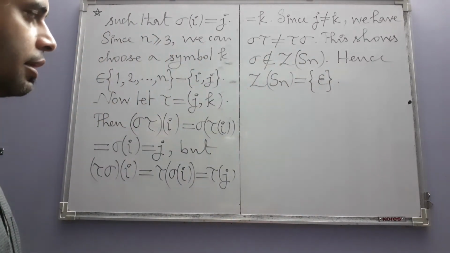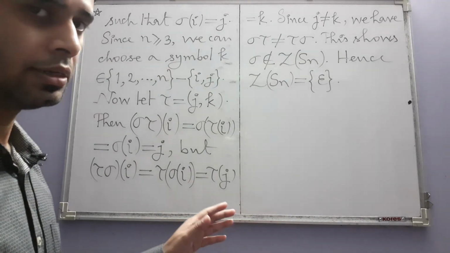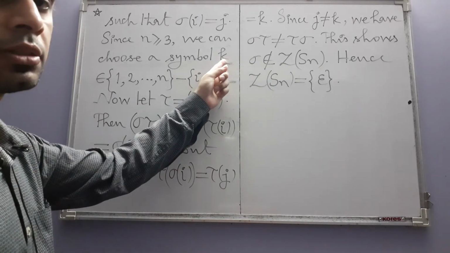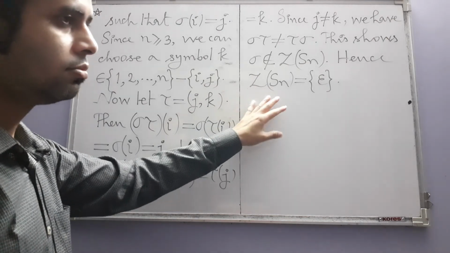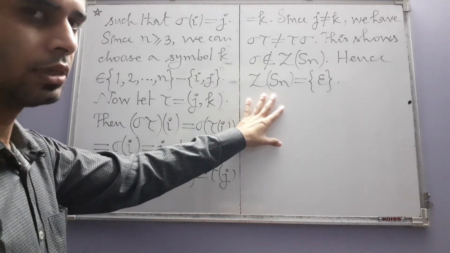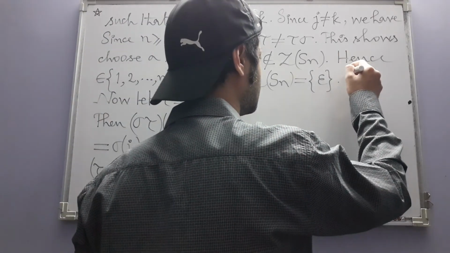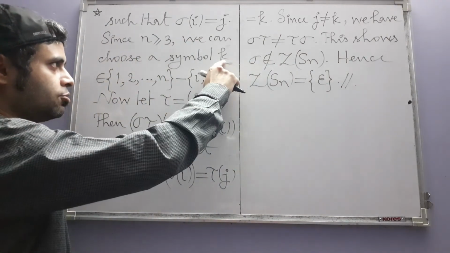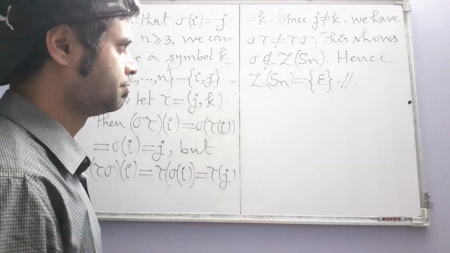It's trivial, and all of these things are possible. They have become possible because n is at least 3, so that we have been able to choose one such k. In S2 that is not the case. I mean, choosing k is not possible. That's what I am saying.